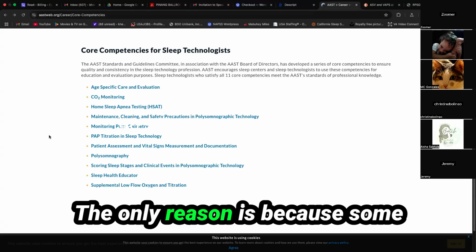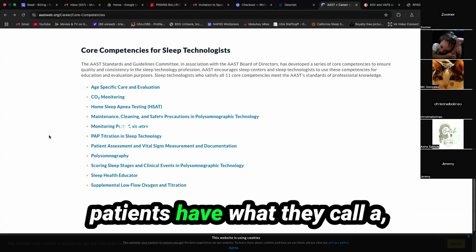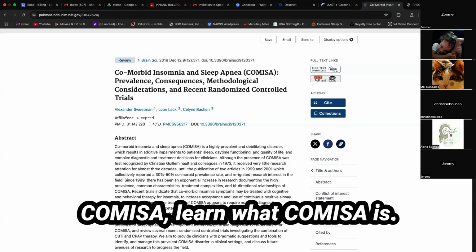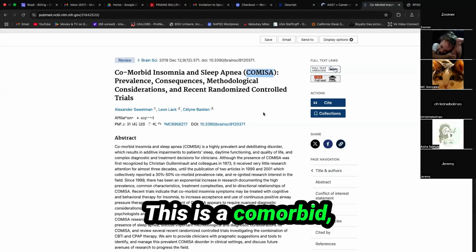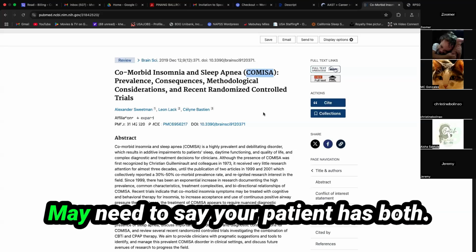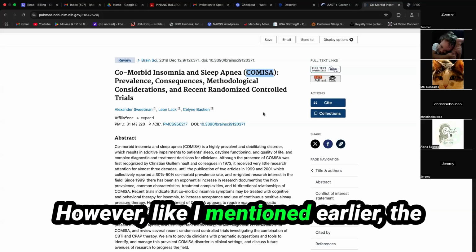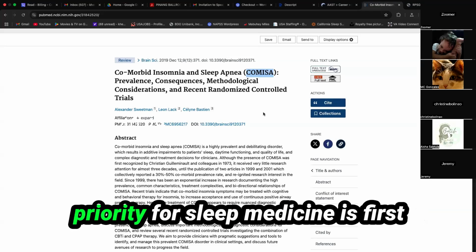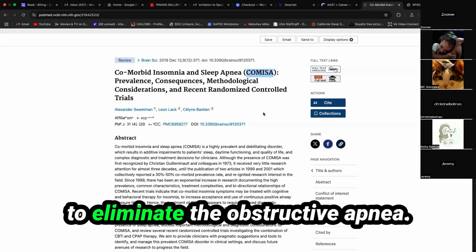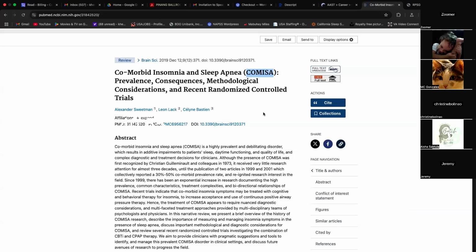The only reason is because some patients have what they call a COMISA. Learn what COMISA is. This is comorbid insomnia and sleep apnea, meaning to say your patient has both. Okay. However, like I mentioned earlier, the priority for sleep medicine is first to eliminate the obstructive apnea.